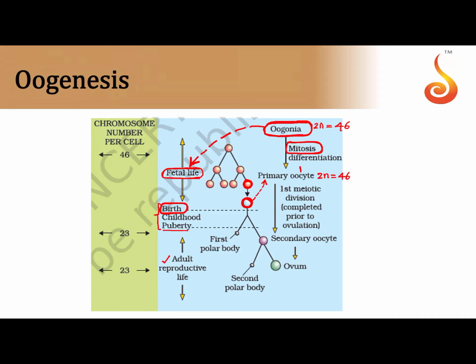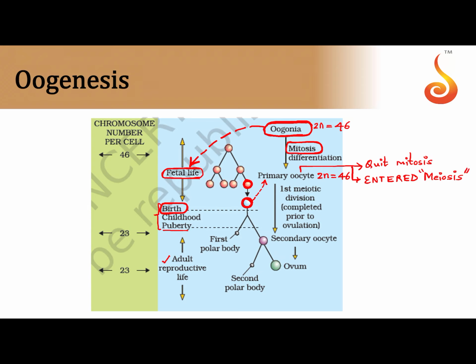Another very important thing all of you must remember here is that the primary oocyte has quit mitosis. That means it has said that it is done with mitosis, but it has also entered meiosis. It is very important to note here, it has entered meiosis.